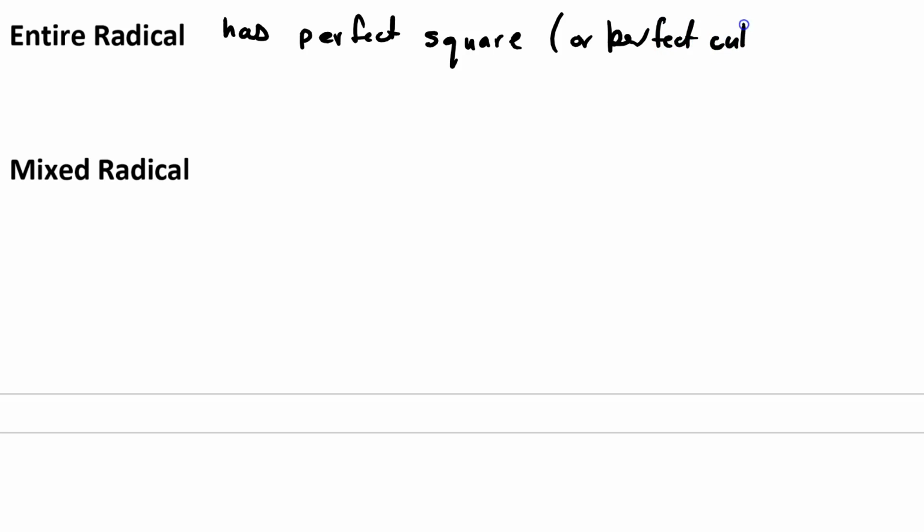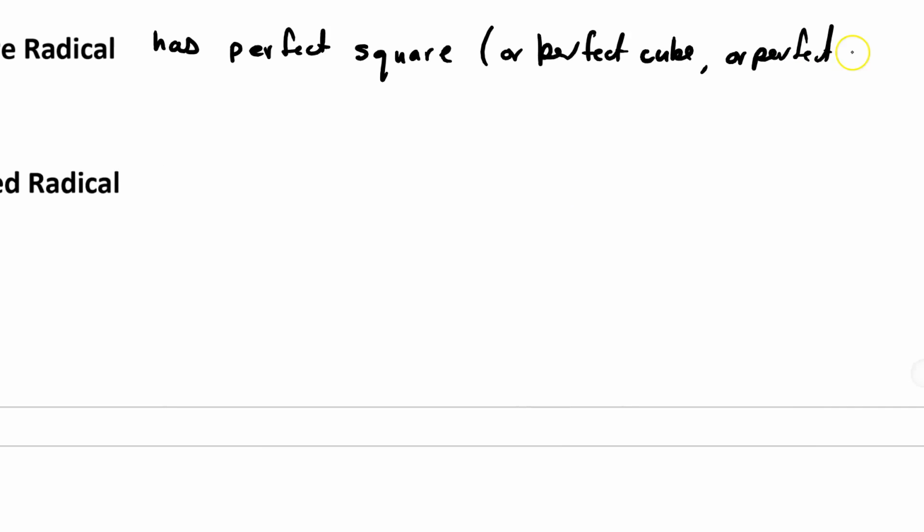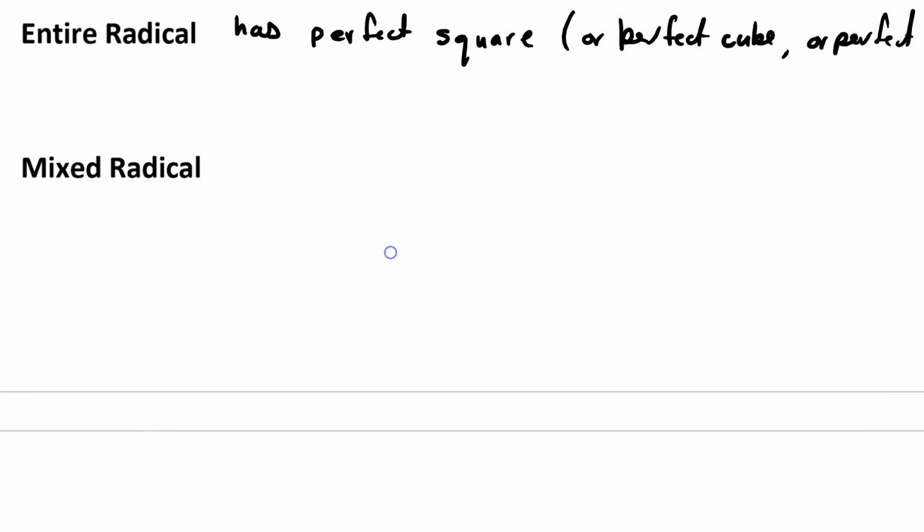So let's talk about what the difference is between an entire radical and a mixed radical. An entire radical has perfect square or perfect cube or perfect fourth root, etc. factors.